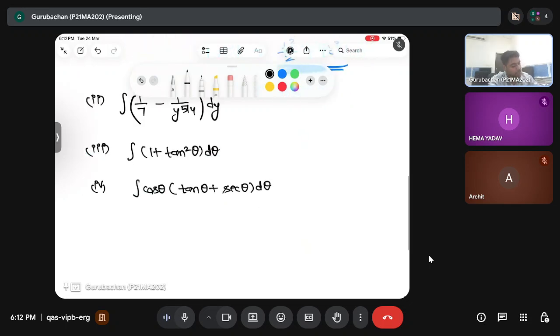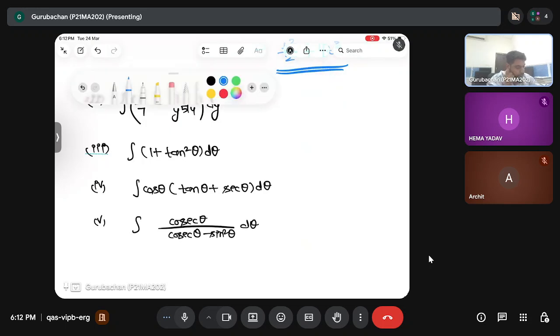If you don't know the integration of some particular integrand, just think of it as the opposite of differentiation. For example, if there is sine theta, its differentiation is cos theta, thus the integration of cos theta is sine theta, like that. And the last one is the integral of cos theta divided by sec theta minus sine theta. So try these and tell me the answers quickly. It's not that difficult.